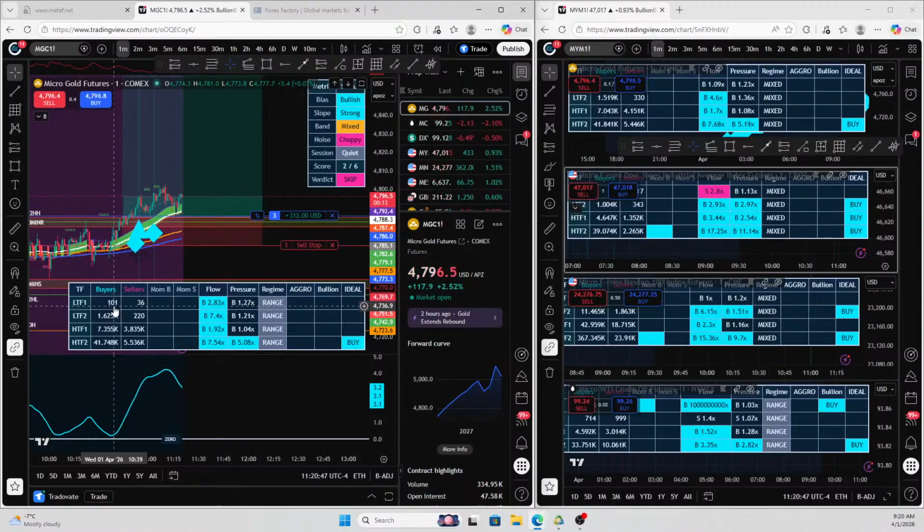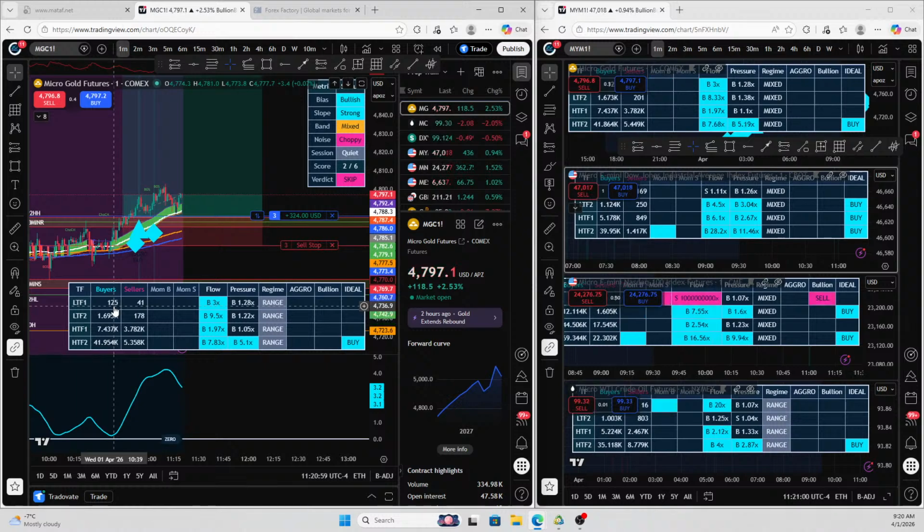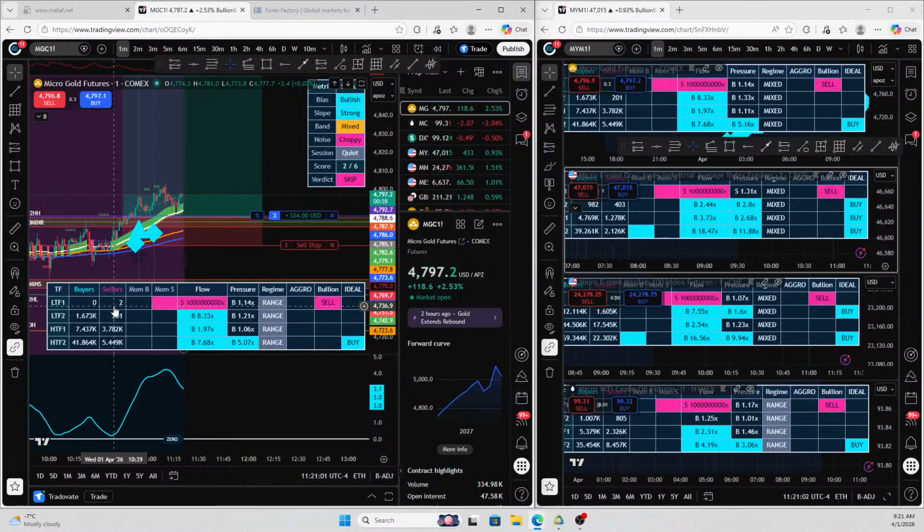Yeah, we want to see a straight push to the upside, especially with no resistance stopping it. Price should be pushing up. Good, it can push up. Yeah, in trading, you always say could because nothing is guaranteed.